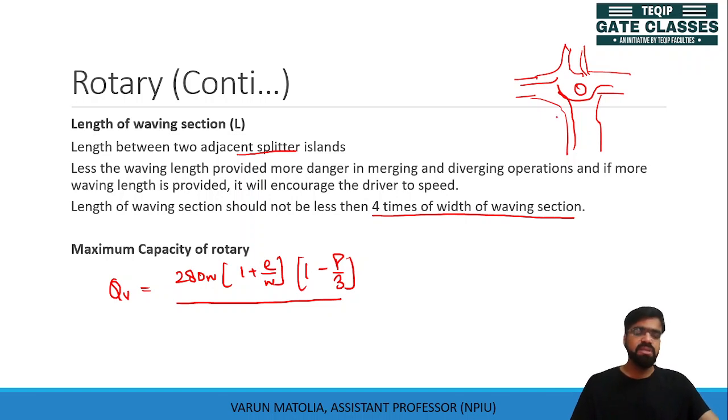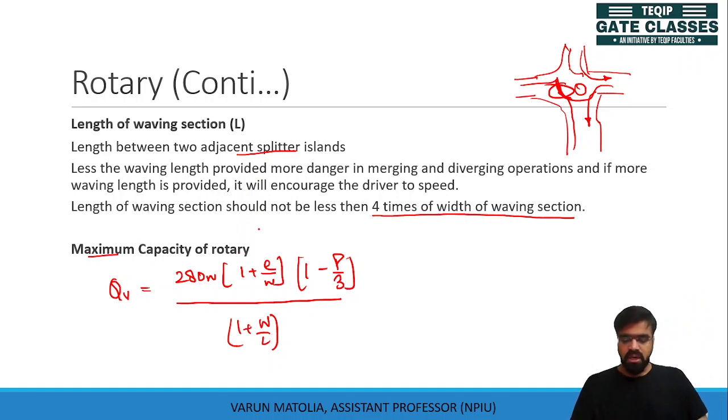So we have some ABCD values, but there will be some proportion of vehicles, because some of the vehicles would have moved in this direction, some in that direction. So we have only some proportion of vehicles present at a certain section. This is the equation which we can use to calculate the maximum capacity of the rotary.